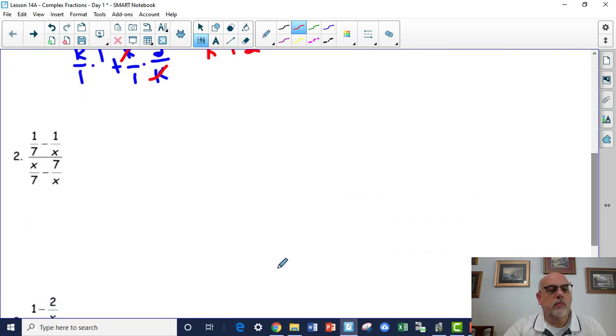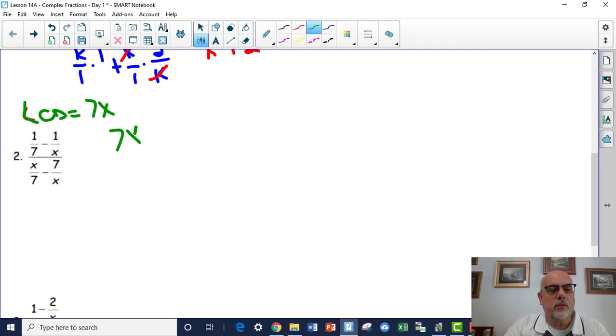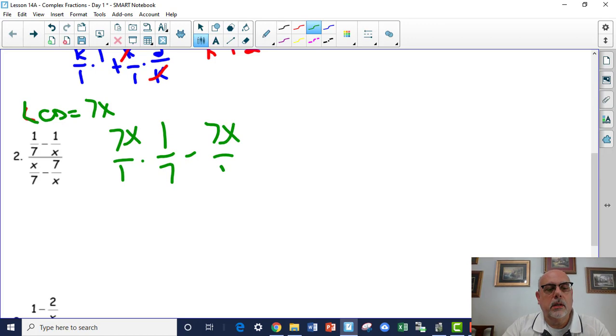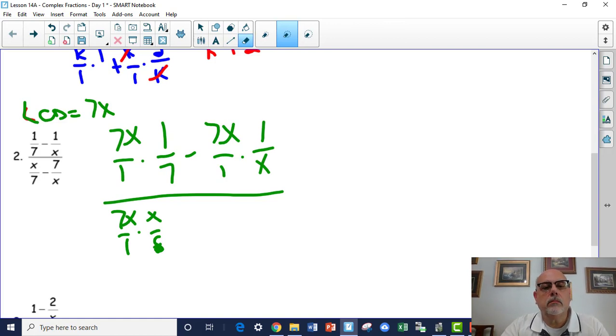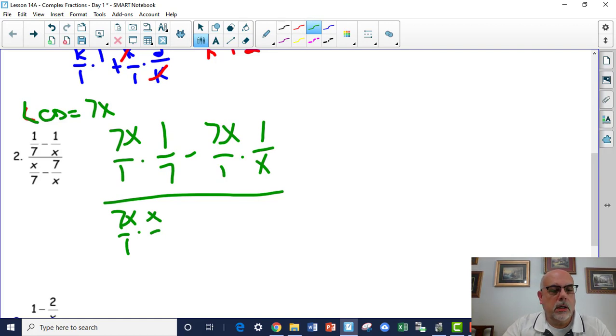Let's look at number 2. LCD is 7x. So 7x over 1 times 1 over 7 minus 7x over 1 times 1 over x. 7x over 1 times x over 7, 7 not 8, I don't know why I wrote 8, x over 7 minus 7x over 1 times 7 over x.